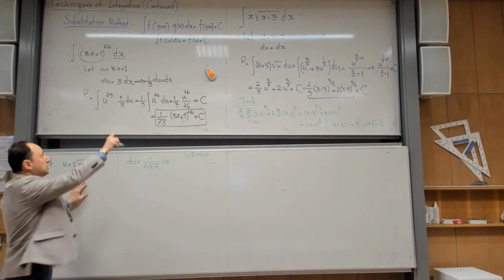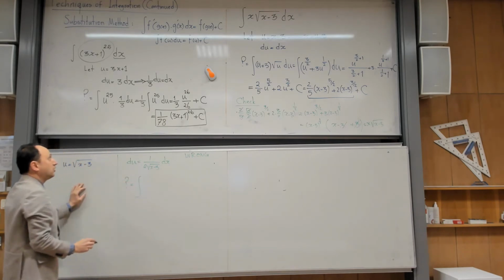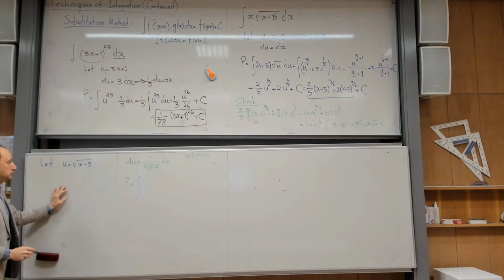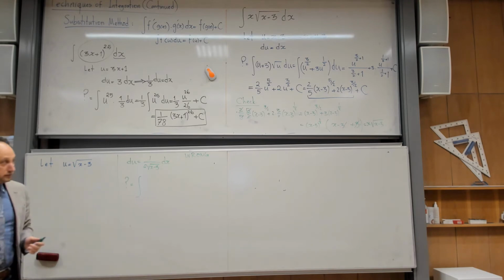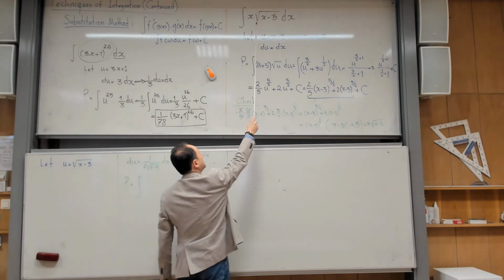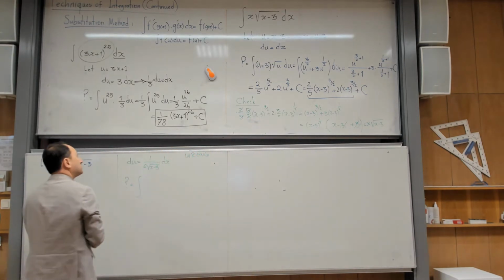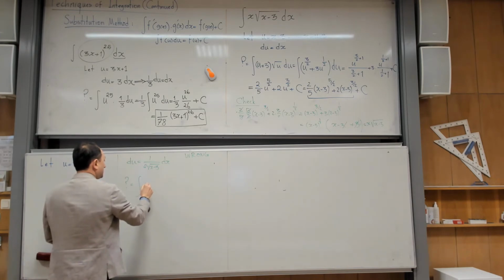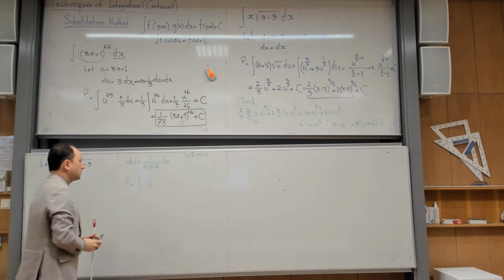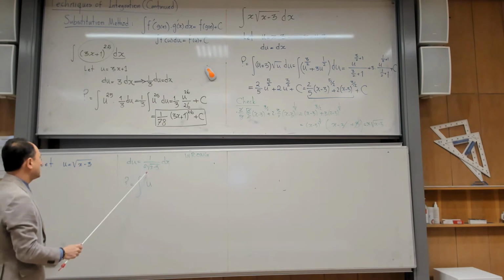Why? Because my integral up there should be written only in terms of u. So that's one. I don't have any problem here. I take this away and put u. So far so good. But of course this is also working, not bad.